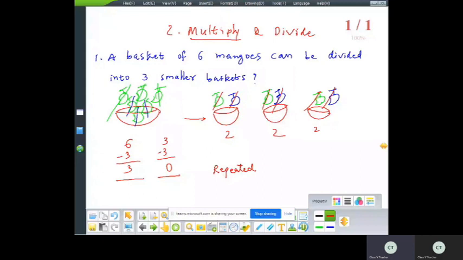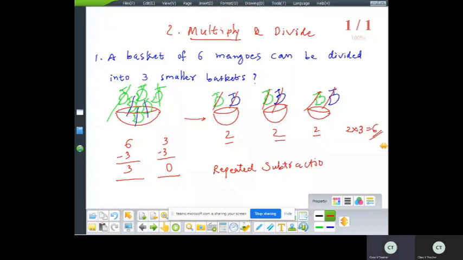Repeated subtraction. In every basket, 2 mangoes. 2, 2, 2. 2 repeat 3 times. 2 threes are 6.